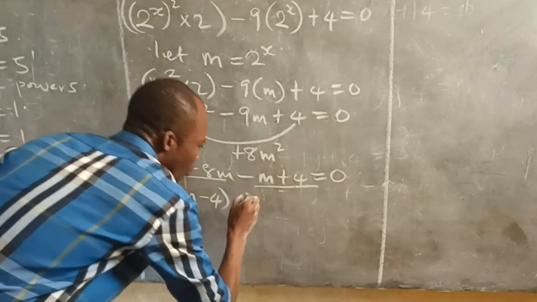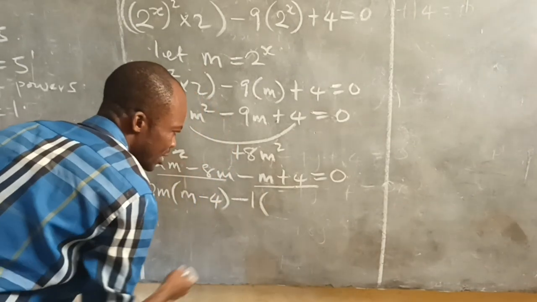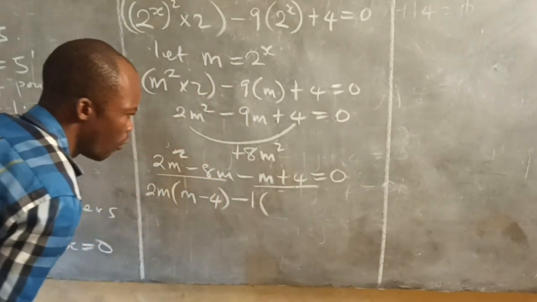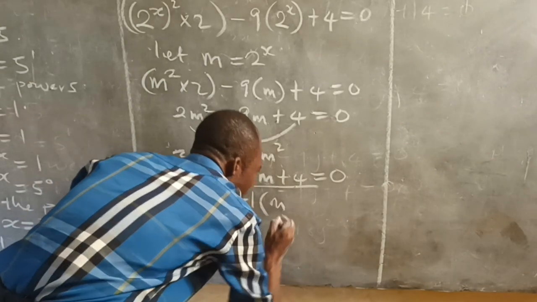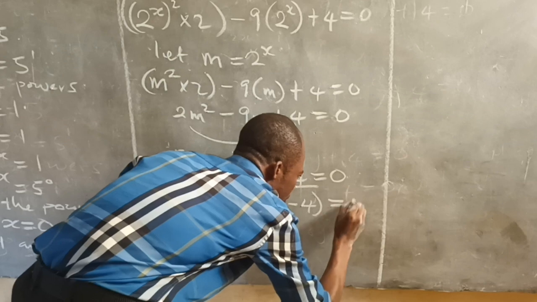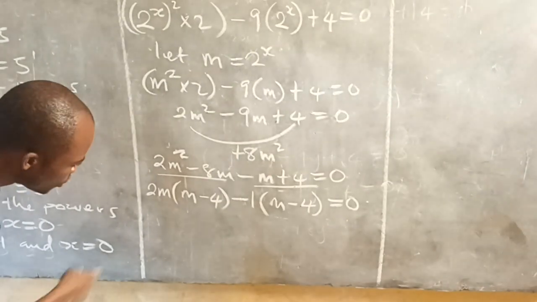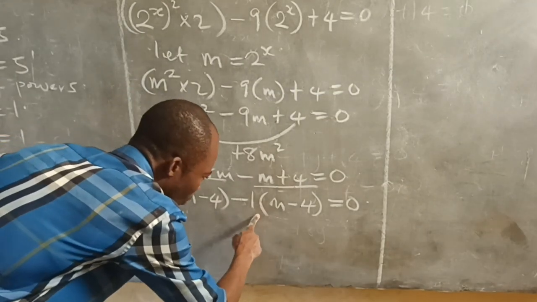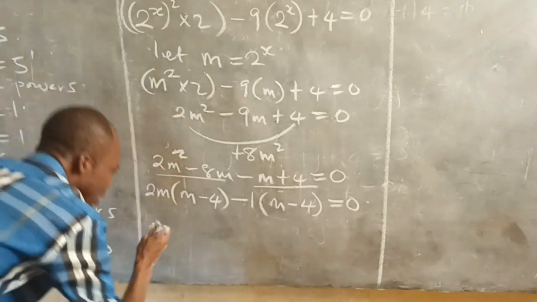Then we'll pick this side here. Minus 1 is the only factor that is common between minus m and plus 4. So minus m divided by minus 1 will give us m, and plus 4 divided by minus 1 will give us minus 4, equal to 0. Now we have 2m bracket m minus 4 minus 1 into m minus 4. m minus 4 is common, so we factor it out.